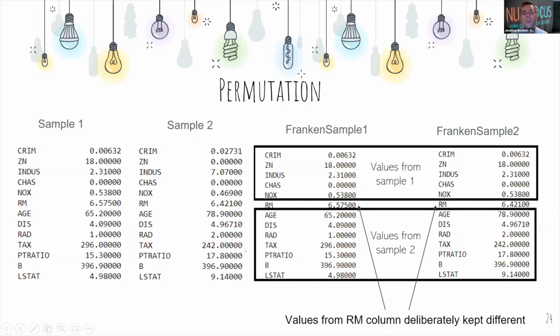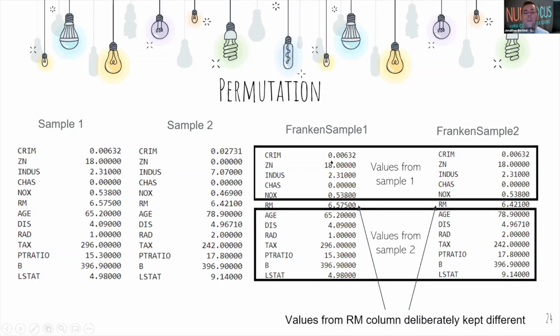The way permutation works in computing a Shapley value, I call them Franken samples, but you can call them something else if you want to. If you're trying to calculate Shapley contributions for this particular sample, you would randomly sample something else from your data set, and then make a hybrid combination between the two.